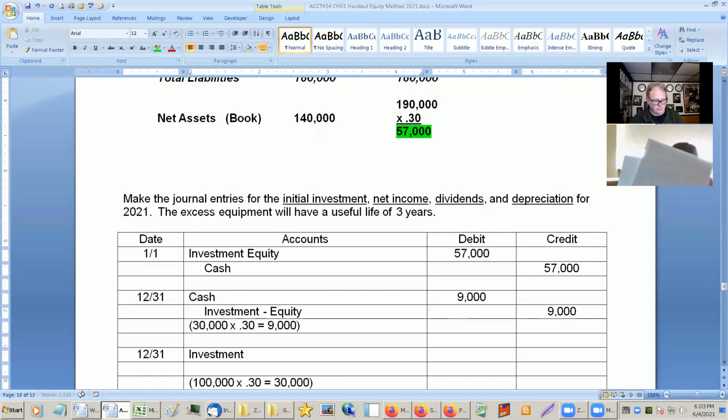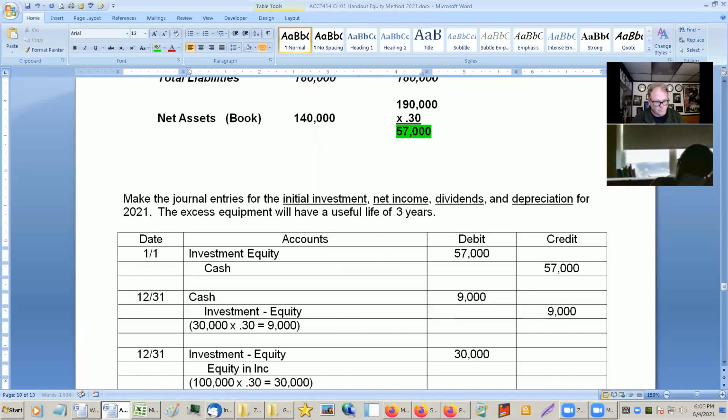Okay, and then we're getting to the amortization of the equipment. Which would be, let's see. The last time we had, oh yeah, 3 years there. Sorry, I didn't see that. So amortization 12/31.